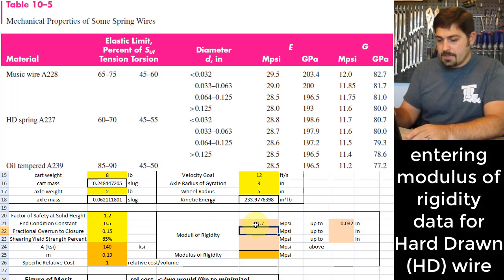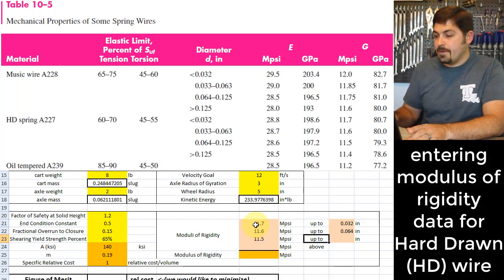And then it goes up to 11.6. That's valid up to 0.064 (excuse me, I misspoke at first). Then it goes to 11.5, and that's valid up to 0.125. Okay, and then anything that's larger than that, we go to an 11.4.